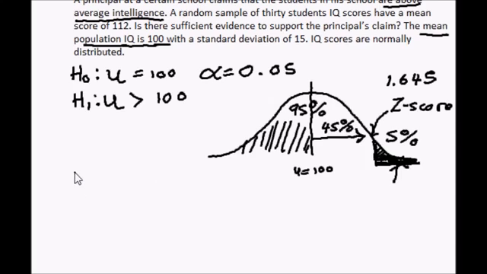In order to figure out that z-score, I'm going to use this formula, z equals x bar, that's my sample mean, minus mu sub 0, my population mean, all over the standard deviation divided by the square root of n, that's my sample size. All I need to do is plug in the figures that I'm given from the question.